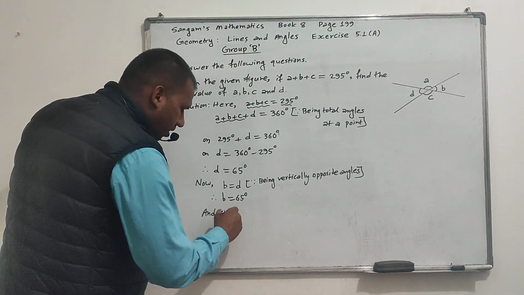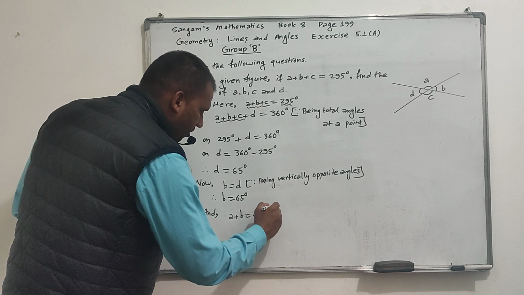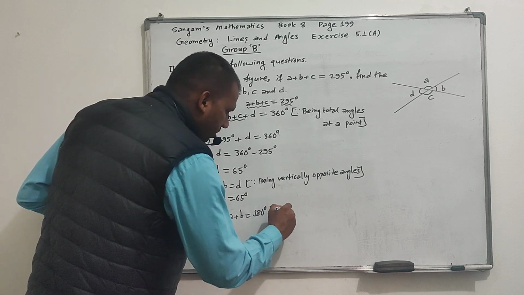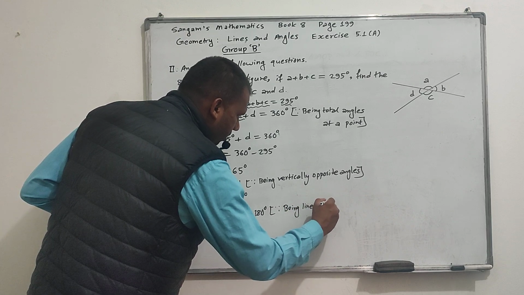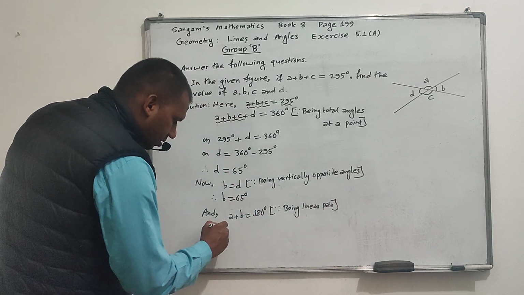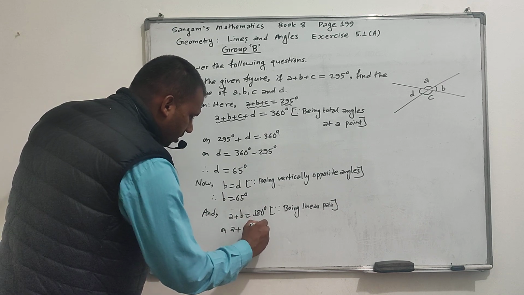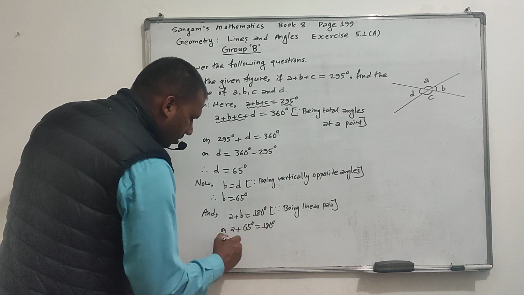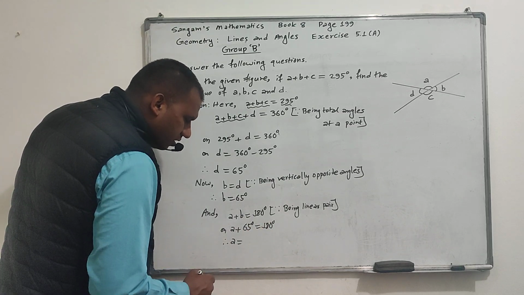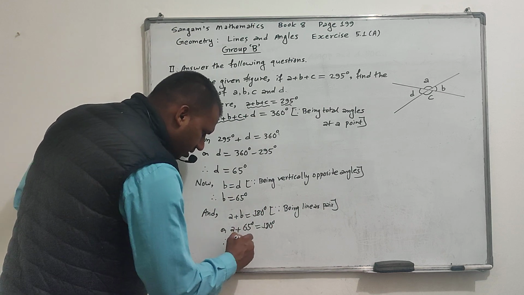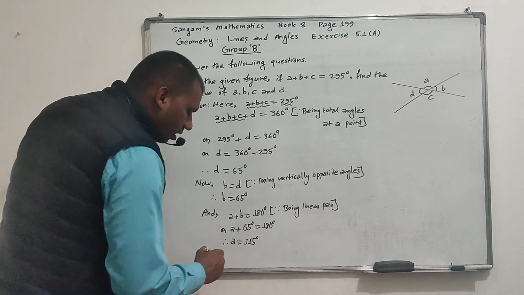So we can write a plus b equal to 180 degrees, because being linear pair or supplementary angles, or a plus b, which is 65 degrees, equal to 180 degrees. Therefore a equal to 180 minus 65, that is 115 degrees.